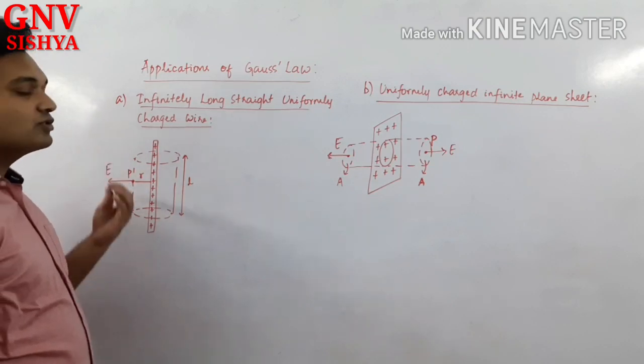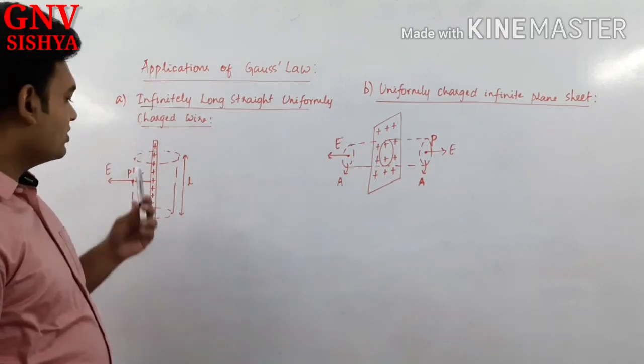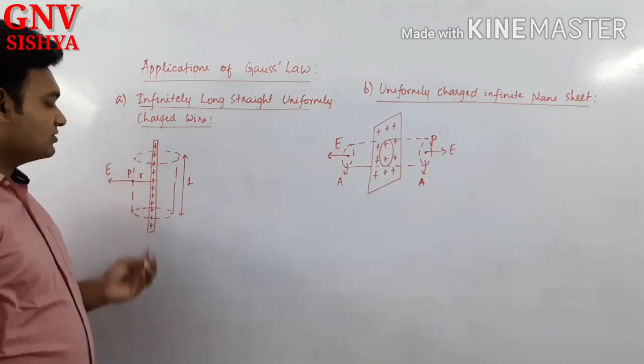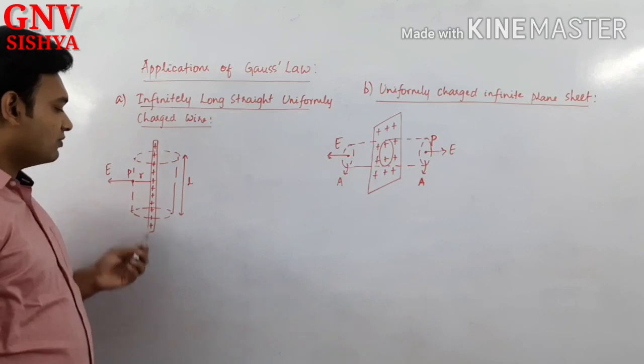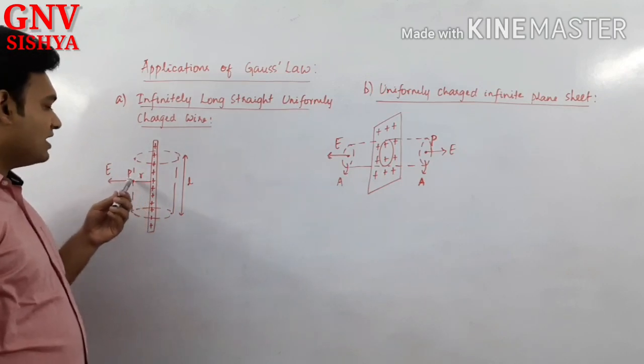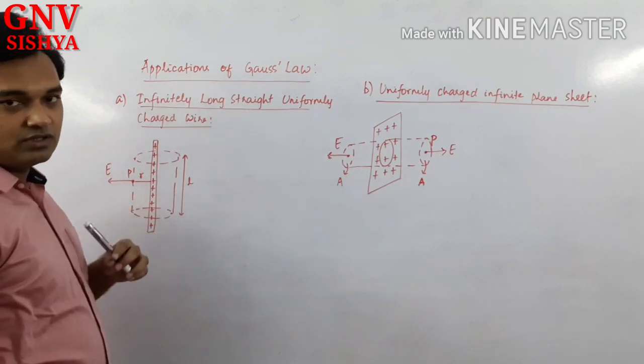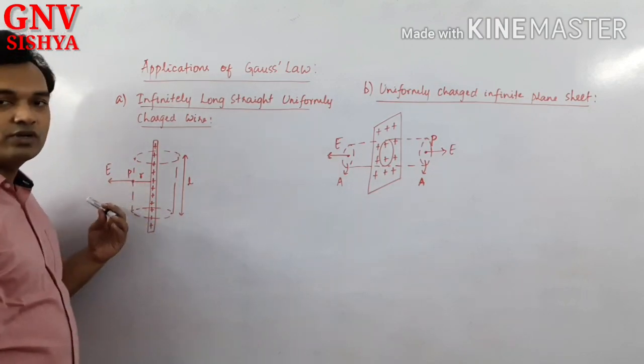The vertical components will get cancelled out. So even if you take extreme charges, charges which are not at the same level as this point P, their vertical components of electric field will cancel out, and only the horizontal component will remain.